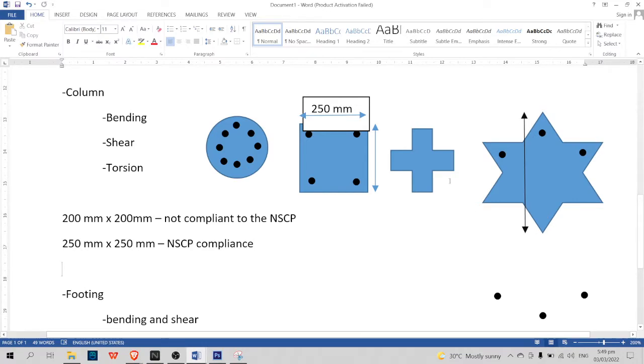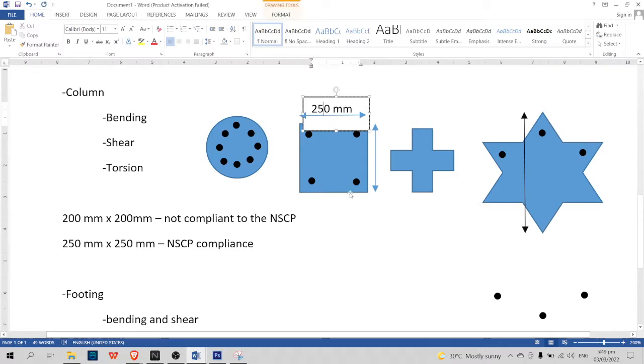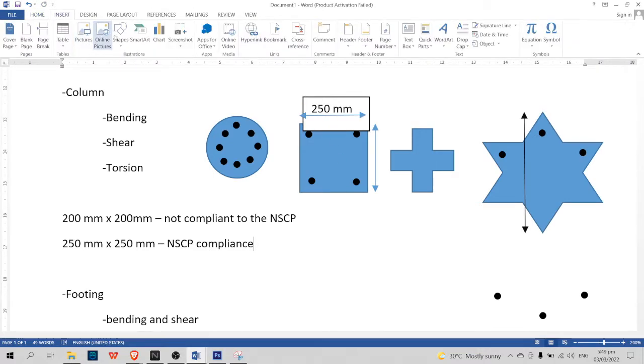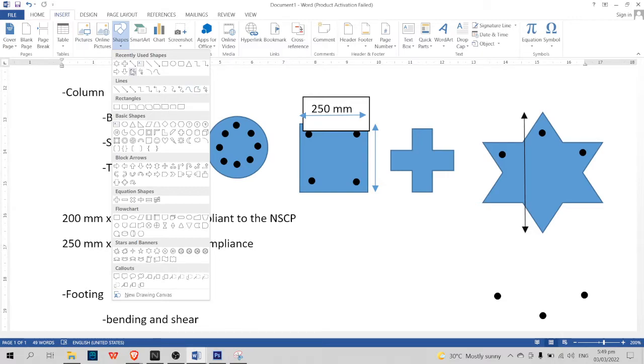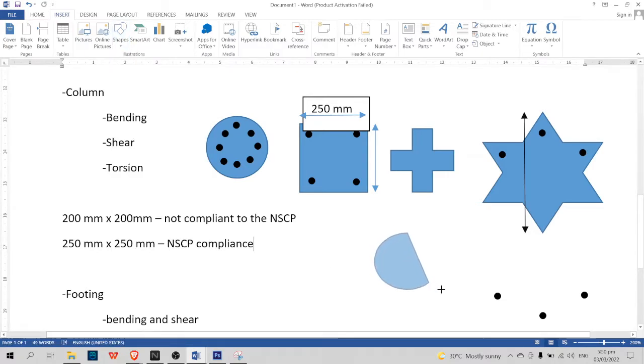But pagdating sa column, explain ko rin na meron medyo mas technical yung definition niya sa 250. Kasi baka ang gusto ng architect magkaroon ka ng irregular shape, for example ito. So, ang tanong diyan, saan yung 250 diyan? Saan dapat yung 250? Okay?